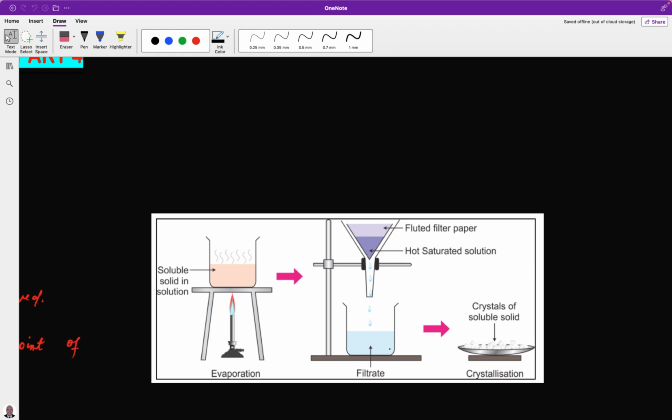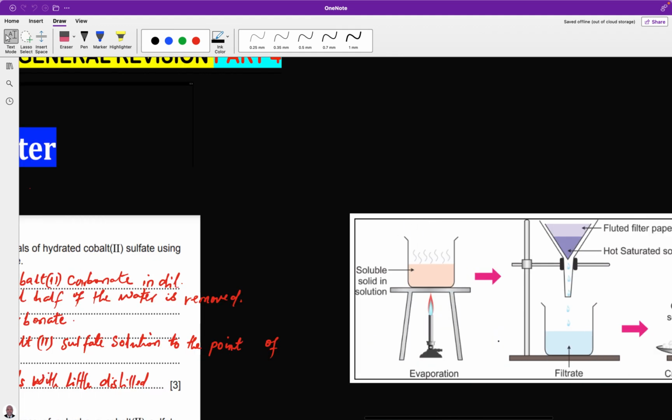Wash and dry the crystals. We wash the crystals using deionized water or distilled water, and we dry them in a low oven, and pure crystals of cobalt-2 sulfate will be obtained.